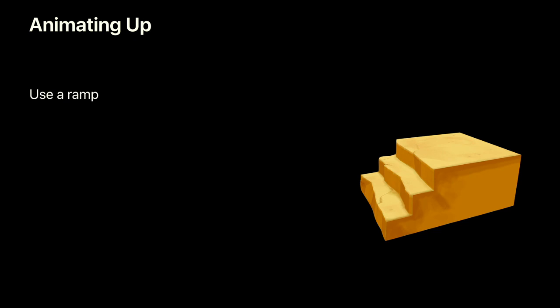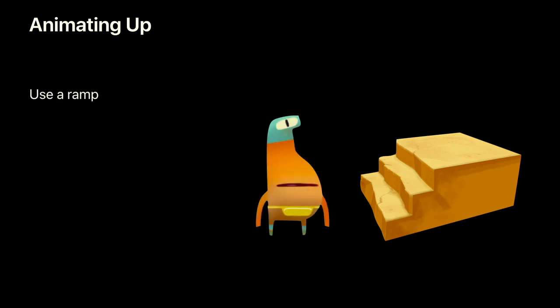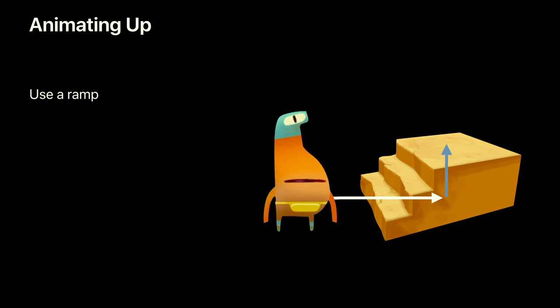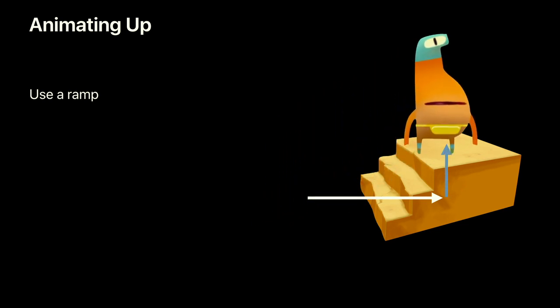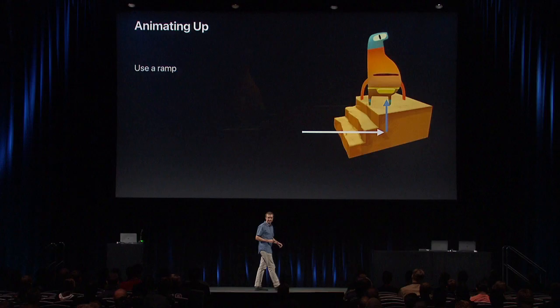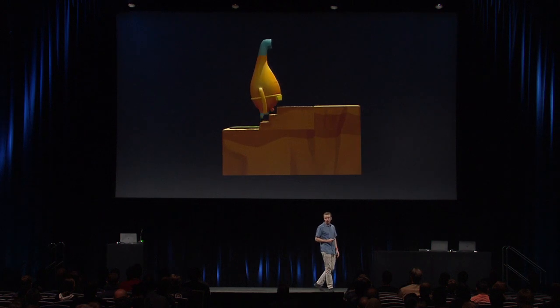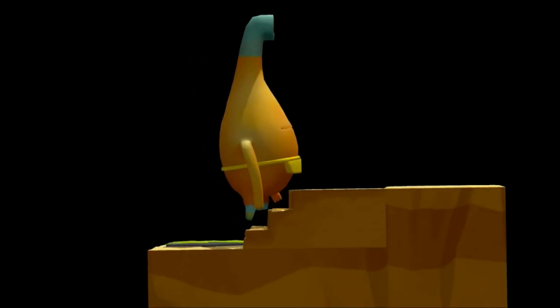Because ramps are easy. You have a character, you move that character forward, you figure out how far up they need to move, and you just translate them from point A to point B while running the walk cycle. For stairs, not so great. So here's Byte trying to walk up the stairs, and if you look closely, Byte hasn't even gotten to the first step, and he's already floating in midair. So we need to do something a little bit better.